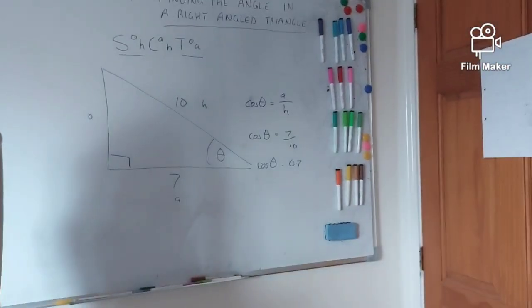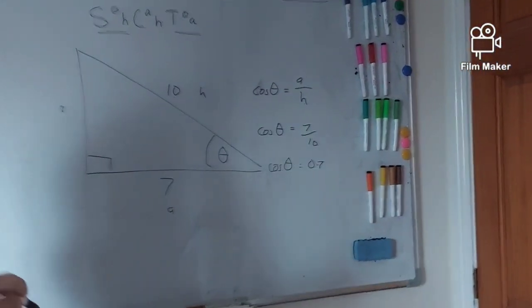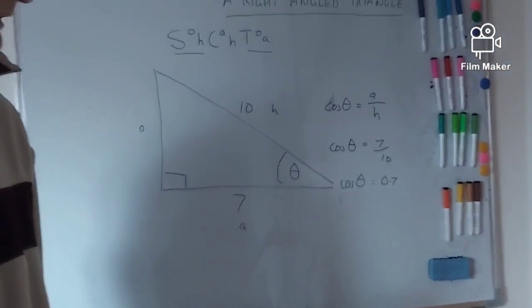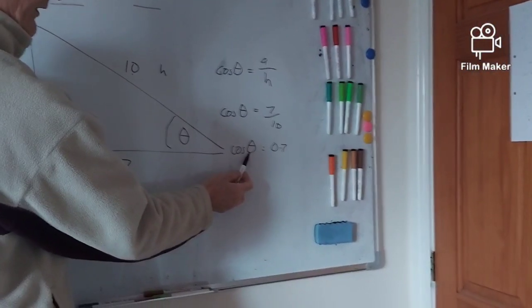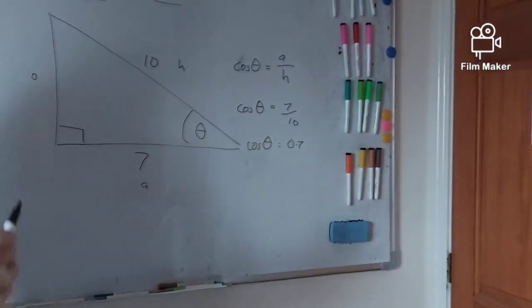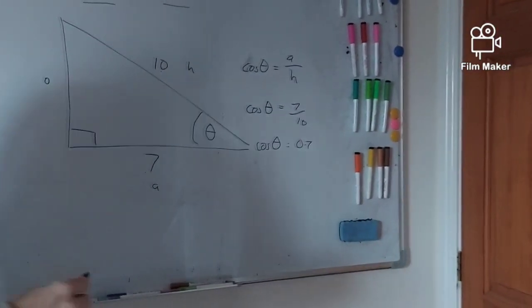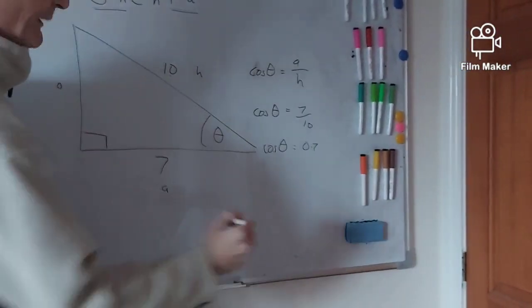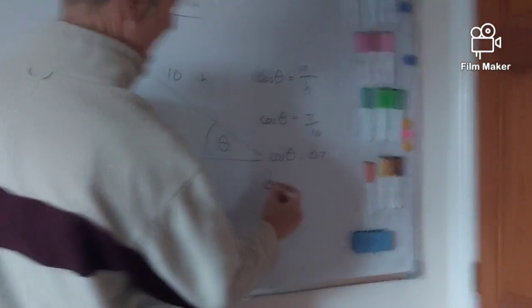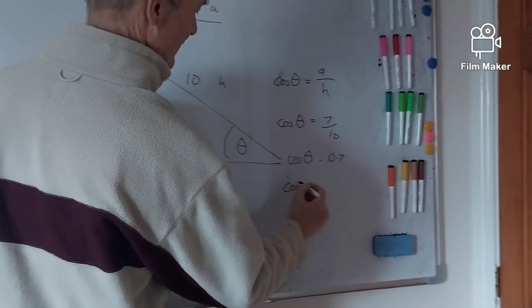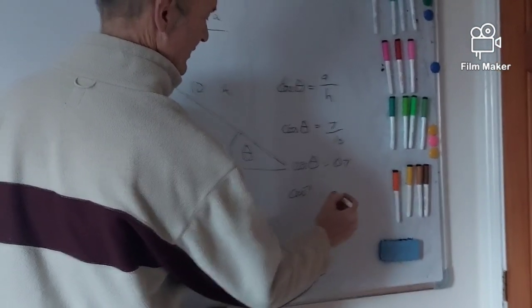So what we need to do now is convert this into an angle, and we can do that by, first of all, isolating the theta. We want to get theta on its own. So to do that, what in effect we do is we multiply both sides by cos to the minus 1.